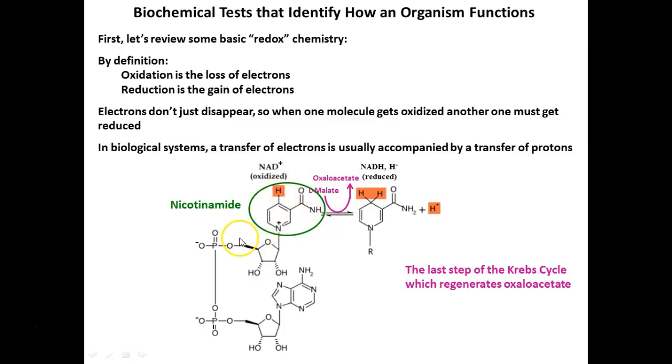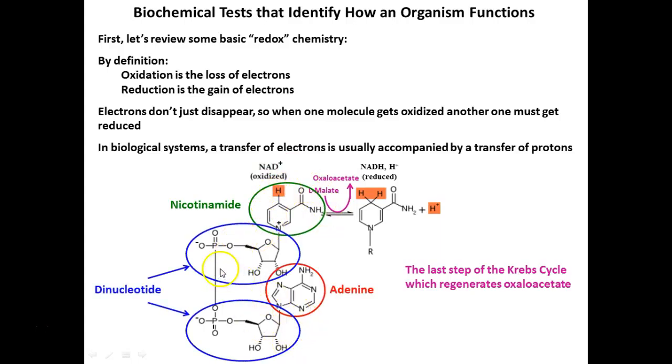That's the molecular component here. And then it's basically 2 nucleotides: phosphate group, the sugar, and here the adenine, where instead of adenine here, it's replaced with the nicotinamide. So that's what NAD stands for.